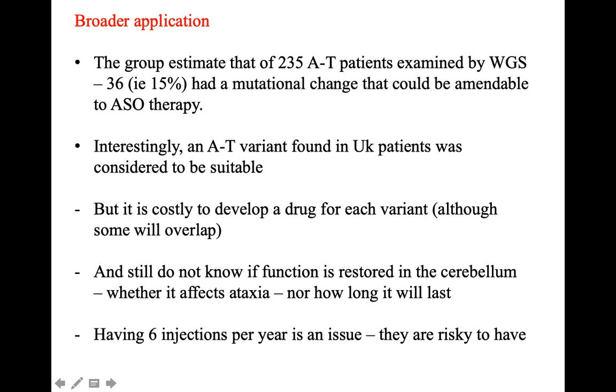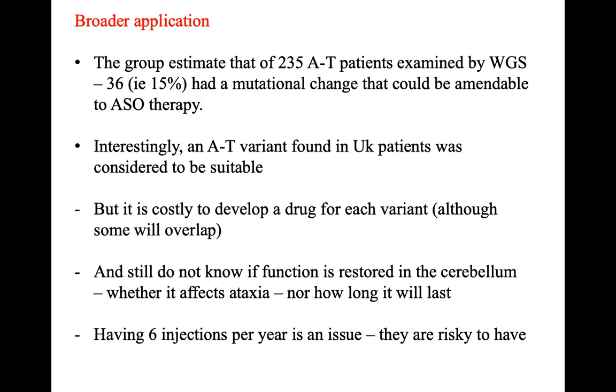It doesn't mean they can all use the antipexin. Each one has to have a different antisense oligo made for them. So it's going to be costly to develop a drug for each variant. And also interestingly, there was a mutational change in AT variants in the UK that was considered to be suitable.